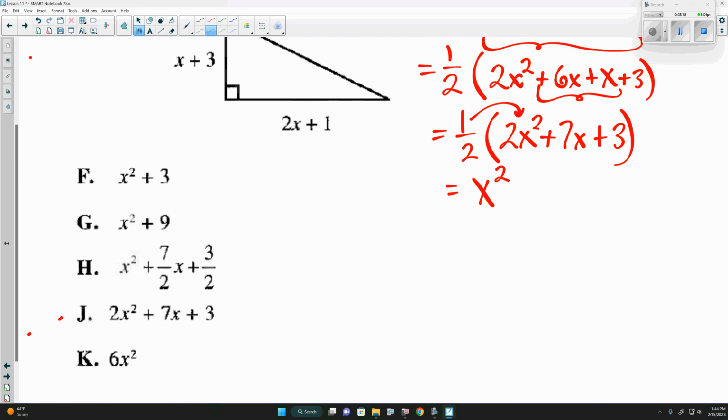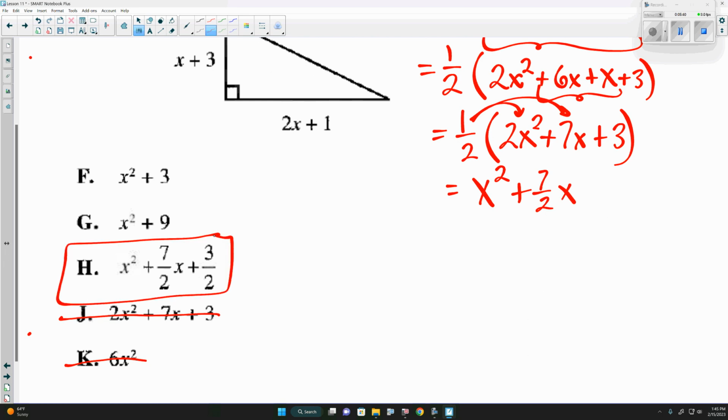Well, j and k won't work because j has 2x squared and k is just 6x squared. There's no way that we can combine them, so we're left with the other 3. What's 1/2 times 7x? 7/2 is x. It doesn't matter what 1/2 times 3 is, it is going to be 3/2, but we do have the final answer. Questions on this here?